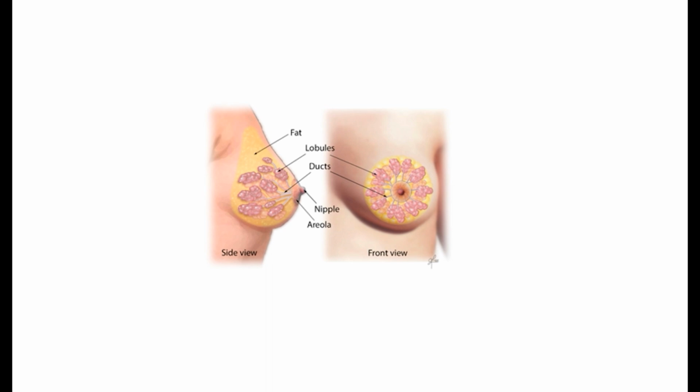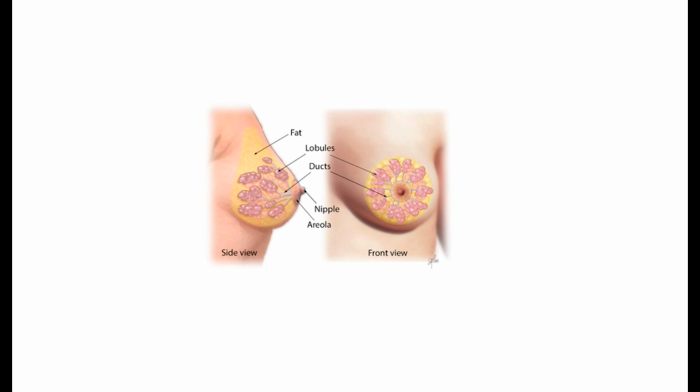The breast extends from the second or third intercostal space to the sixth or seventh intercostal space. Laterally, it extends to the anterior axillary fold, and medially, it extends to the lateral border of the sternum. In relation to the chest wall, the superior two-thirds of the breast overlies the pectoralis major muscle, the lateral portion overlies the serratus anterior muscle, and the inferior-most margin overlies the upper abdominal oblique muscles.